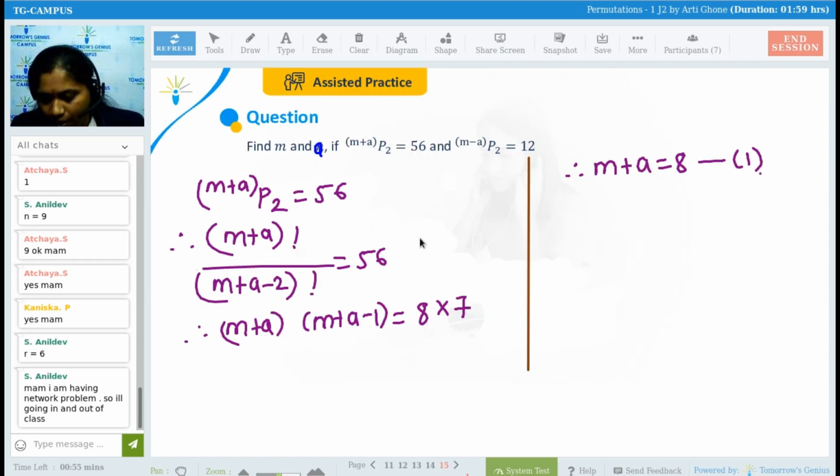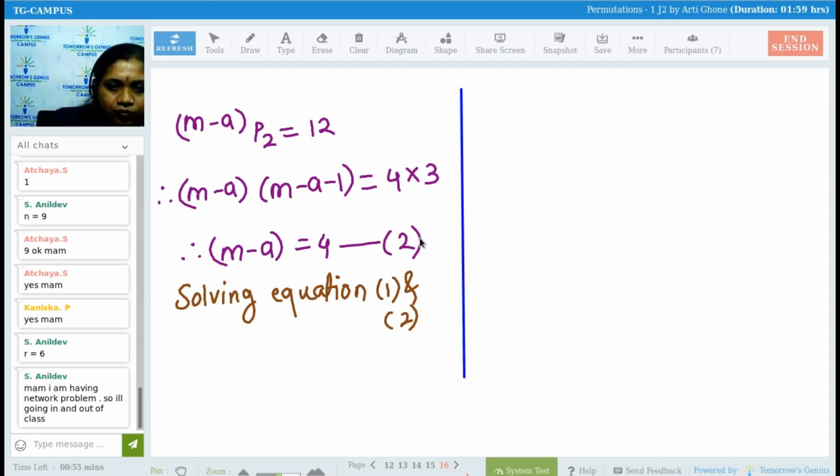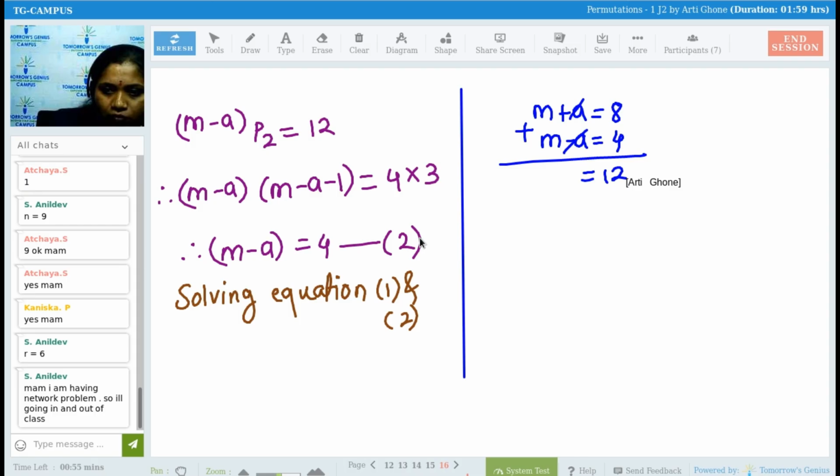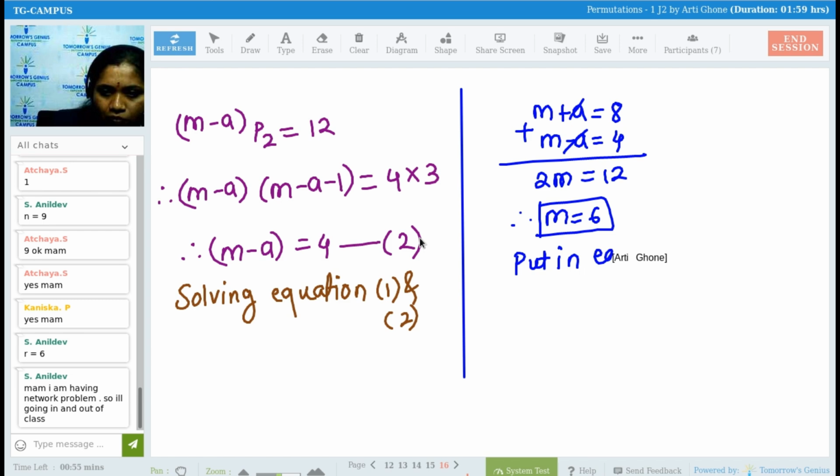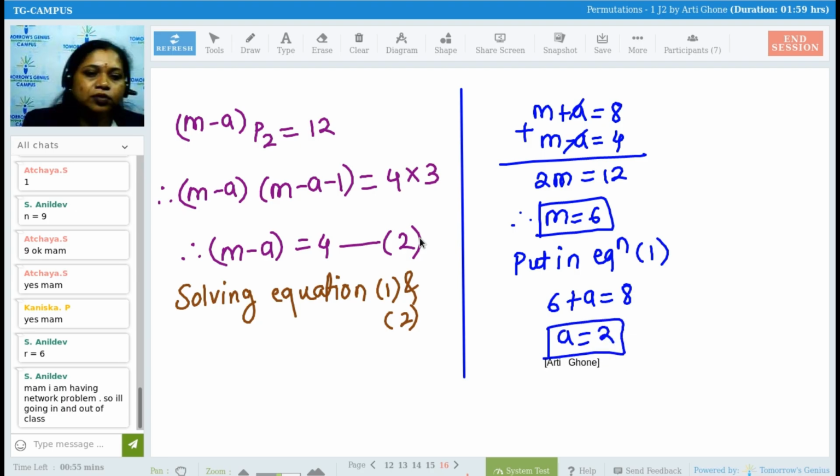What is equation 1? m plus a is 8, and m minus a is equal to 4. So if I add these equations, and put the value in any equation, clear?